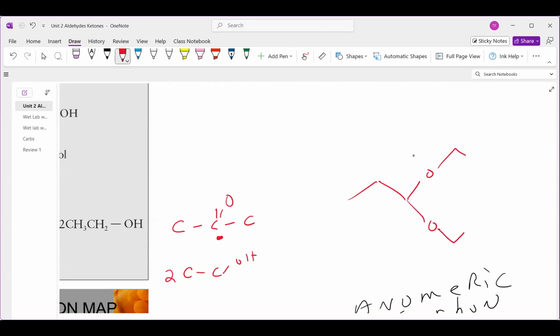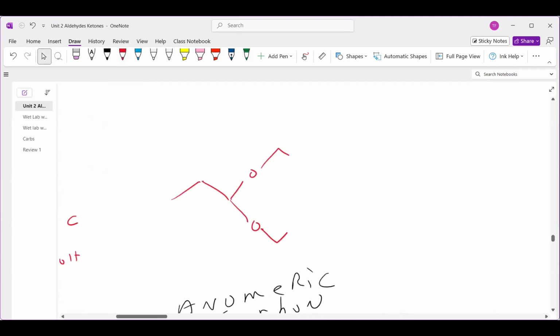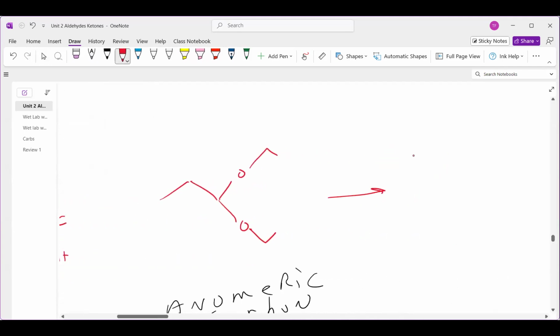So what does that break down to? Some acid. Well, which is the original backbone? Here's the anomeric carbon here. So that means this was the original. So that's a 3-carbon something.